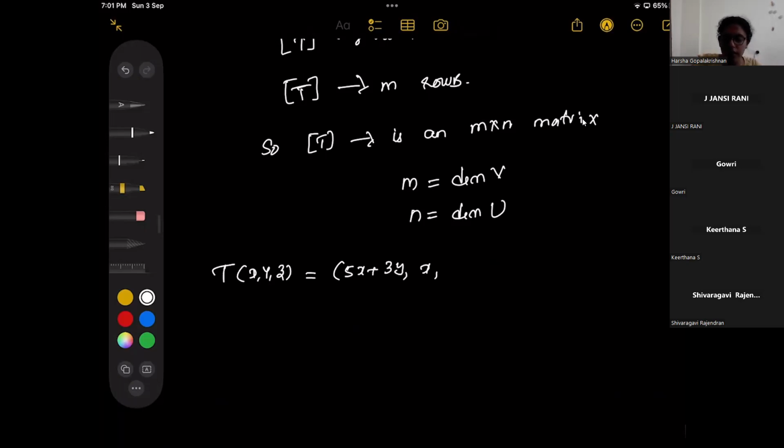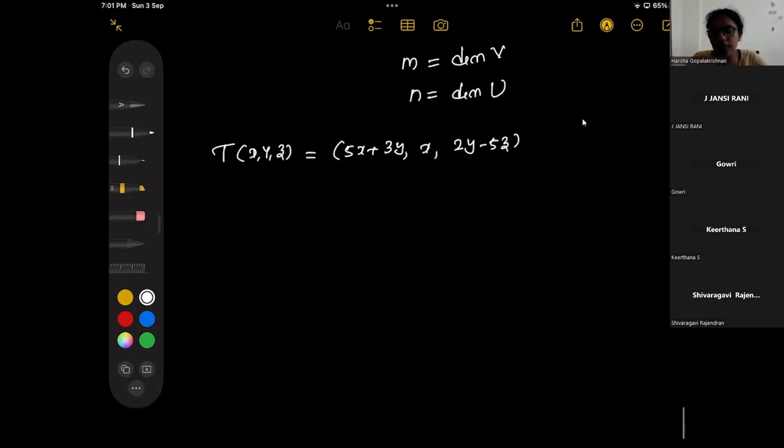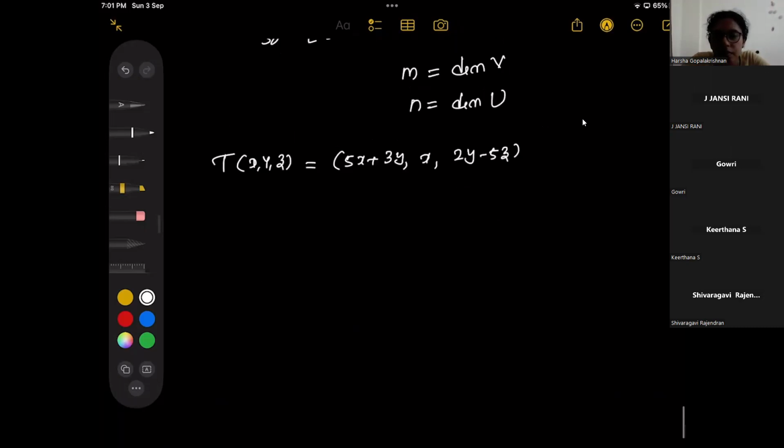So is this clear, how I have written that matrix form? Is this clear for everyone? Yes, ma'am.